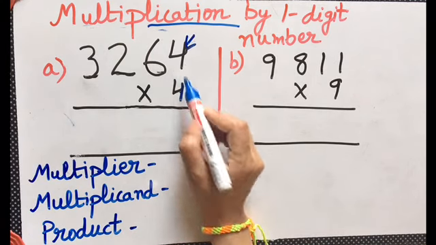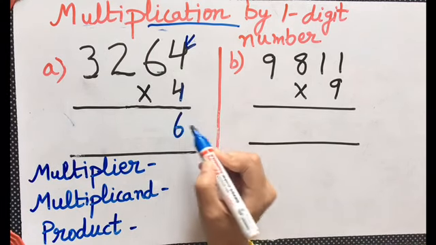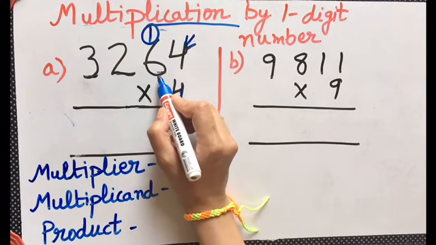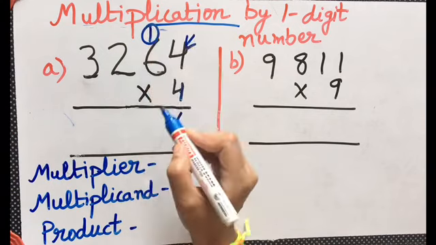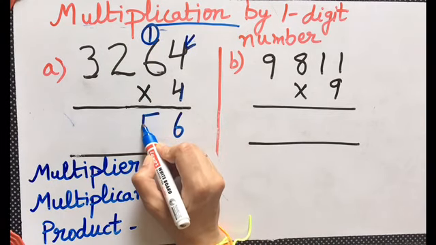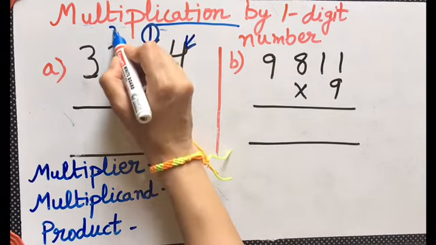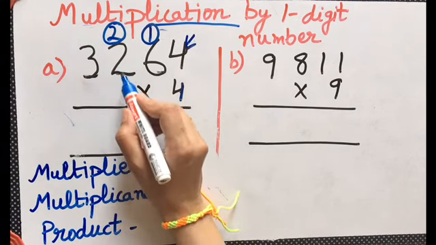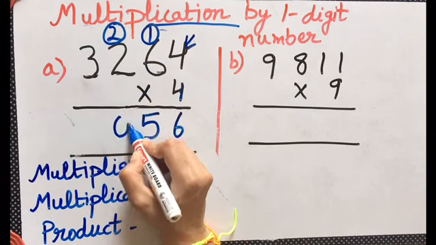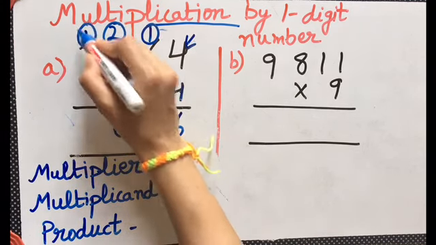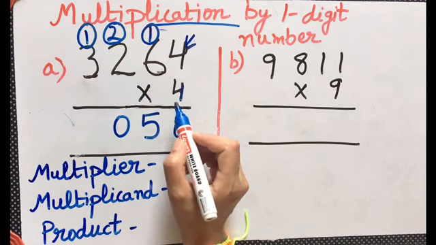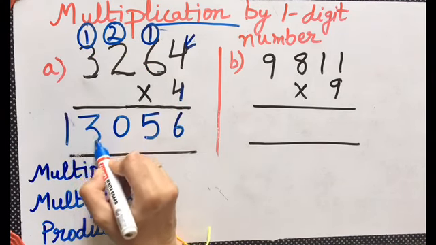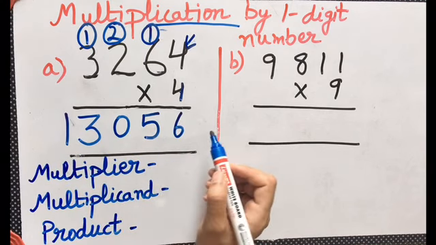Now, 4 fours are 16, 6 will go here and 1 at this place. 4 sixes are 24, 24 plus 1 is 25. 5 at this place and 2 on the top as a carry. 4 twos are 8, 8 plus 2 is 10. 0 at this place, 1 will go up. 4 threes are 12 plus 1 is 13. So, this will be our answer.